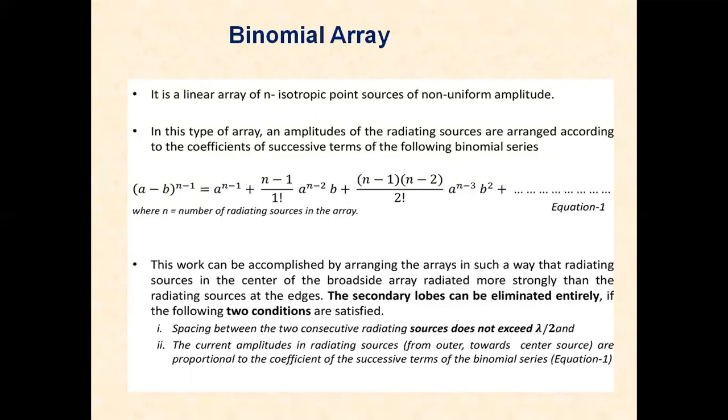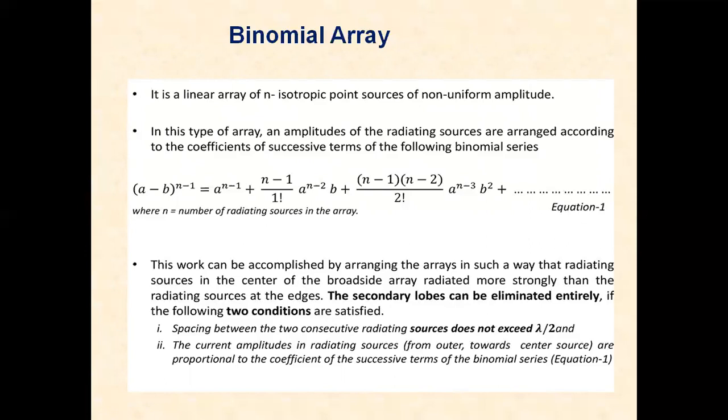What is the problem with uniform amplitudes in uniform linear arrays? As we have discussed in the end-fire and broadside, it is found that as the array length is increased in order to increase the directivity, the secondary and minor lobes always appear in the radiation pattern.